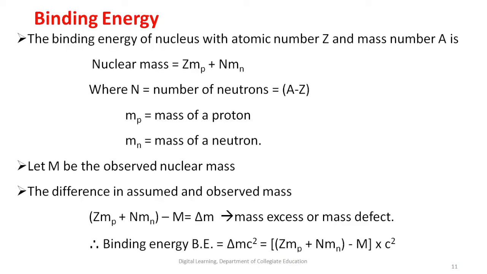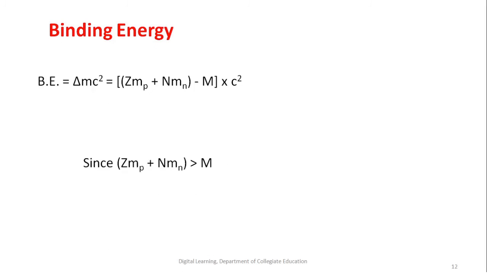Therefore, the binding energy is equal to mass defect times c square. So mass defect is Zmp plus Nmn minus M, into c square, that is equal to the binding energy.